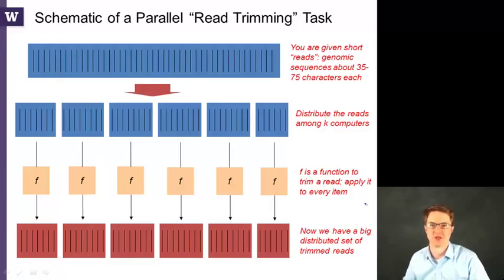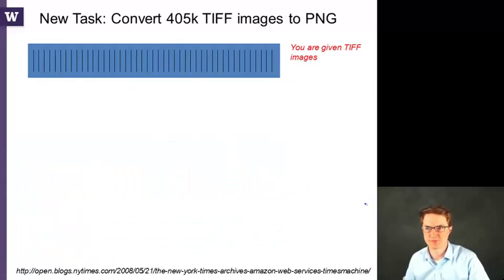Okay, so let's see some more examples. A new task that actually needed to be performed at the New York Times in 2008, and they have a couple of blog posts about it that you can read, was, in a simplified version, to convert a bunch of TIFF images into a different format.